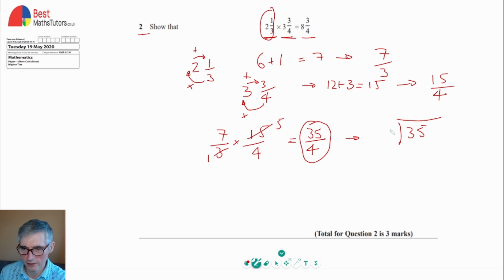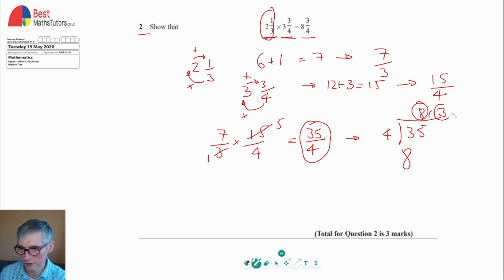If I do that, 4 doesn't go into 3, but 4 will go into 35 8 times with a remainder of 3. The 8 is the whole number, so that equals 8.